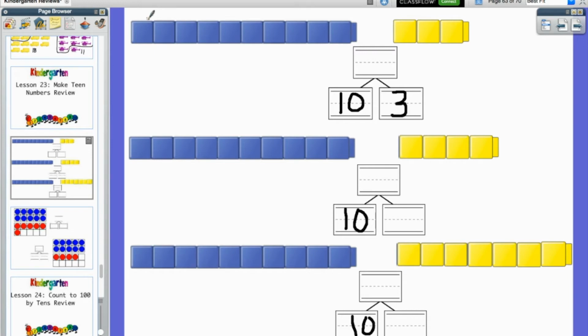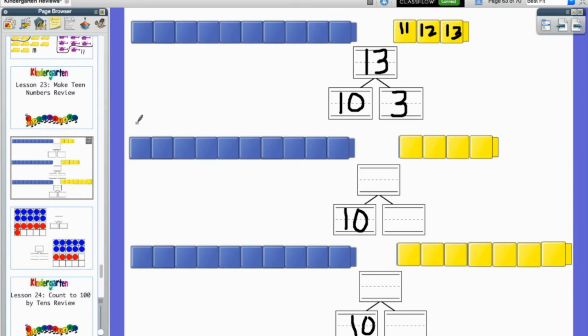Well, let's count it. We have a group of 10. Let's count on. What comes after 10? 11, 12, and then 13. So 10 and 3 ones makes the teen number 13. All right, so we have 13 in our part whole model.